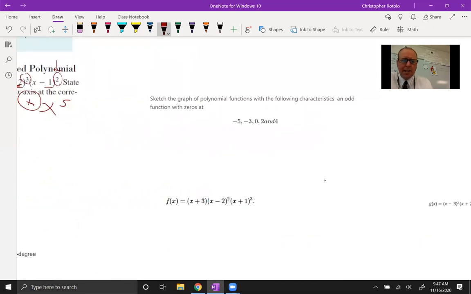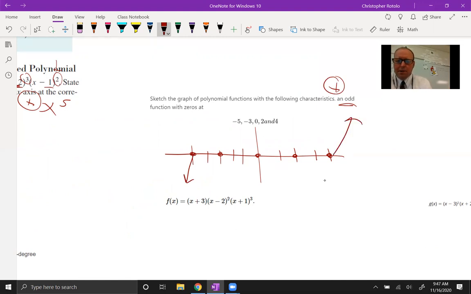This one, I already have all the numbers drawn out for us. So we have -5, 1, 2, 3, 4, 5, -3, 0, 2, and 4. All right, so characteristics of an odd function with zeros. Given this information, we're going to assume that it's a positive odd function. So that means we want the end behavior to be down and up.